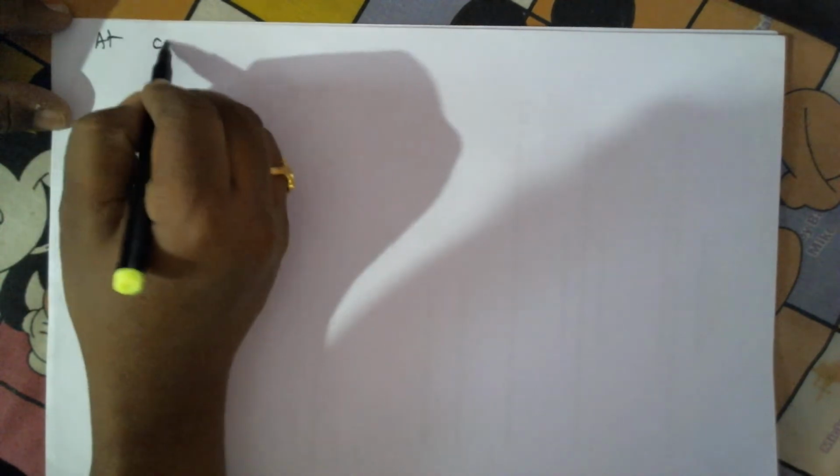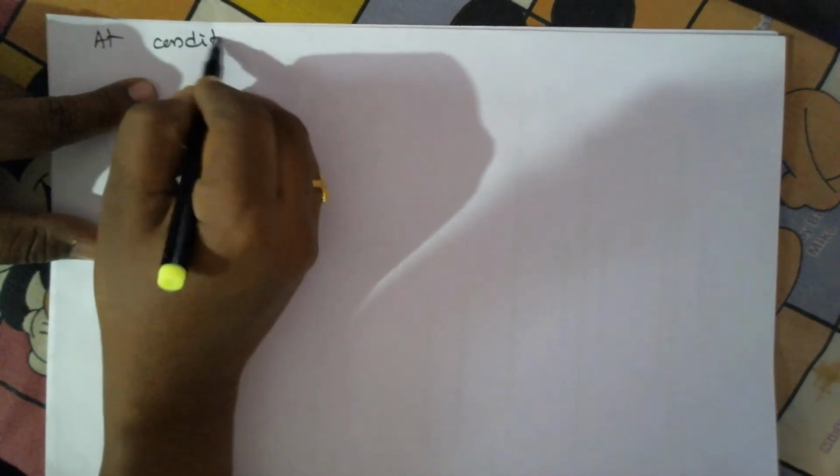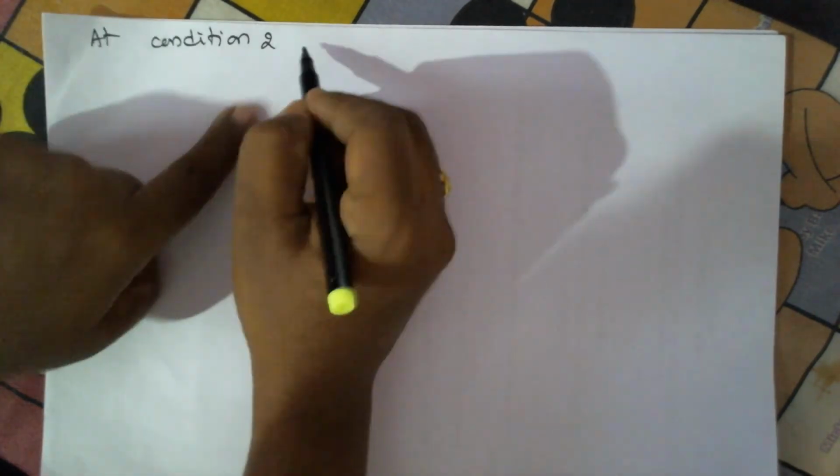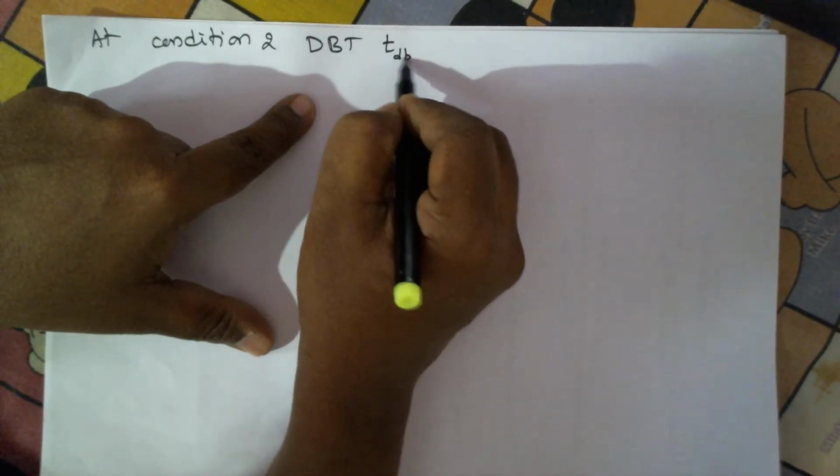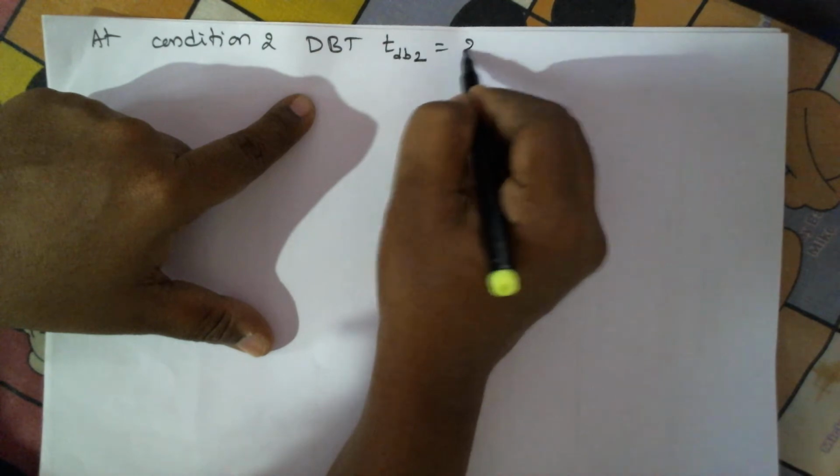So with this specific humidity at condition 2, we will see how to get the remaining parameters. At condition 2, what is the dry bulb temperature given? TdB2 is given as 20 degrees centigrade in the problem statement.